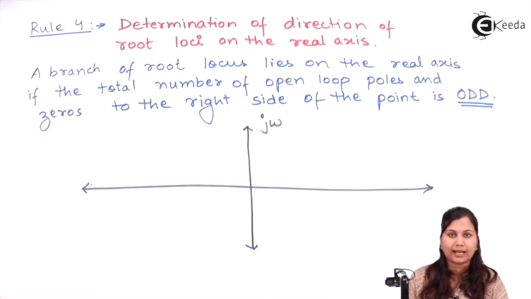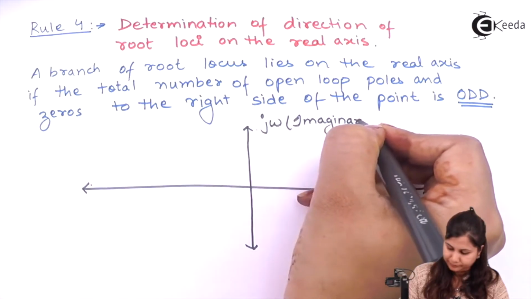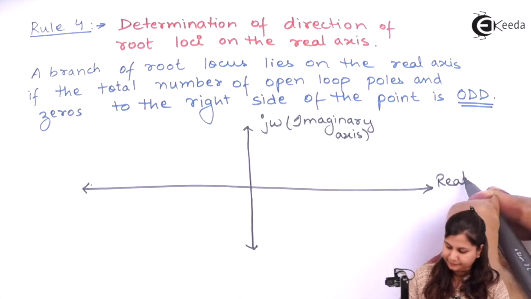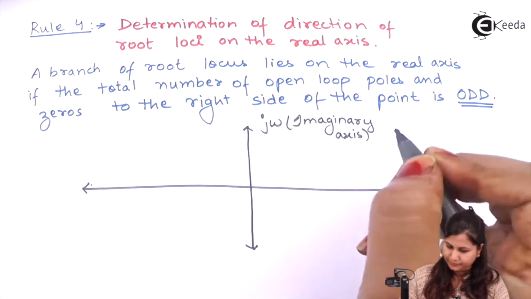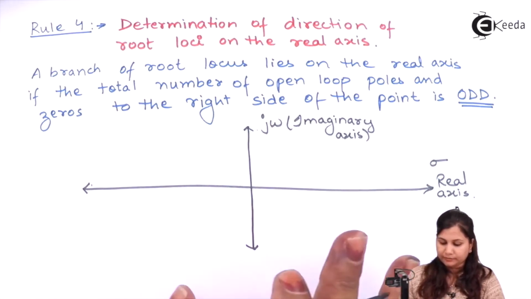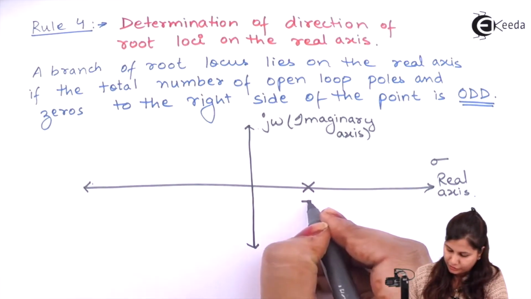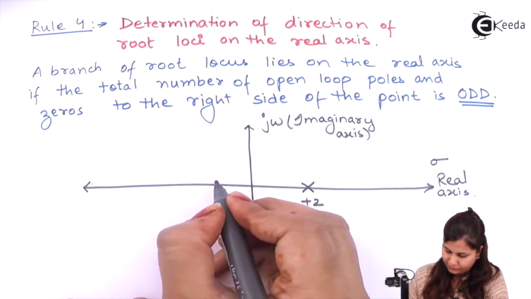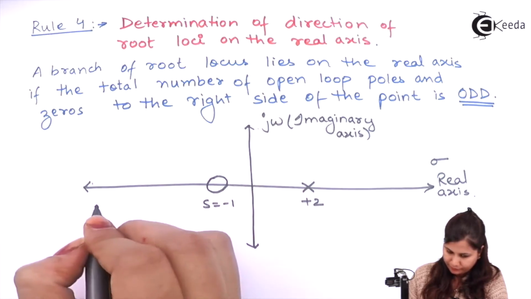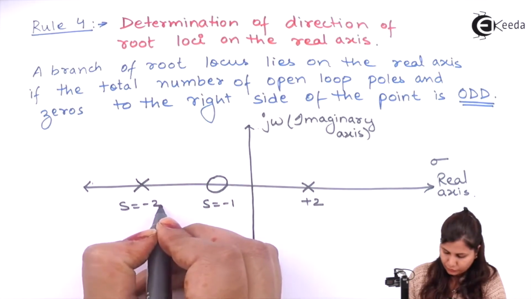This is the S plane, that is the imaginary axis, and this is the real axis. Real axis means sigma. Now plot the poles and zeros of a system. Suppose we are having a pole at the location +2, a zero at s equals -1, and a pole at s equals -2.